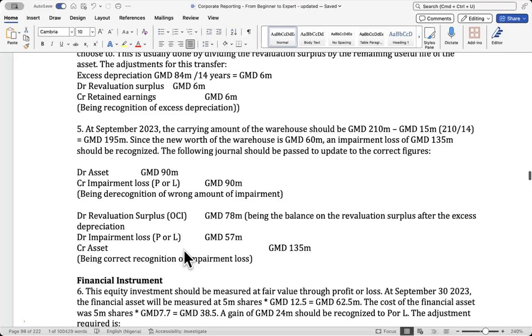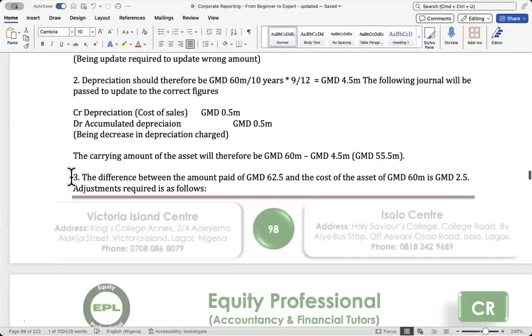So I said number 3. The difference between the amount paid of 62.5 and the cost of the asset of 60 is 2.5.